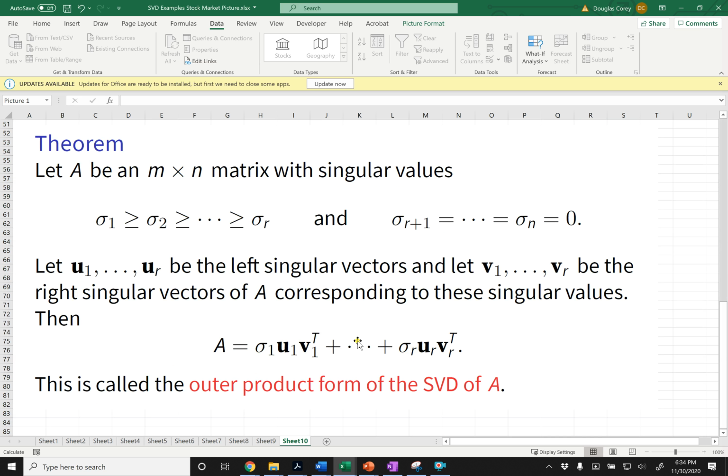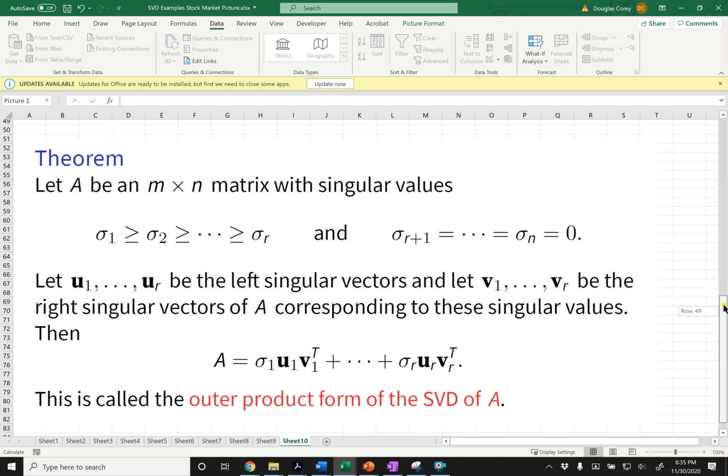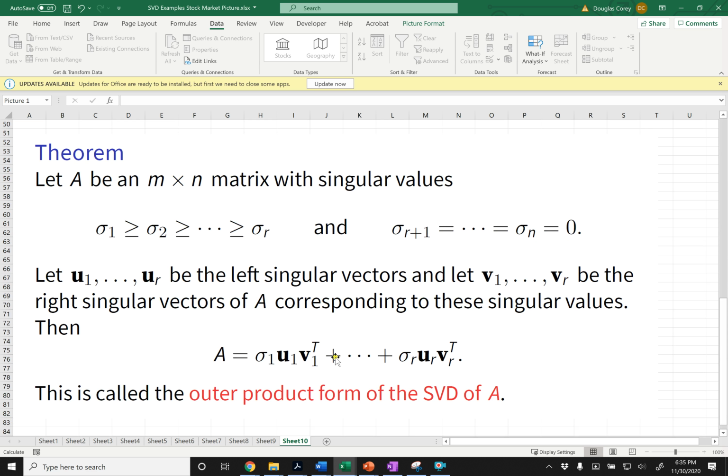And so maybe we could add another scaled outer product and get closer to A. And if we can get almost all of A with just a few of those outer products, then that can save us a lot of time and information and storage space. It could save us a lot of bandwidth if we're transporting that information, etc. So in practice, that's one place where this comes into play.